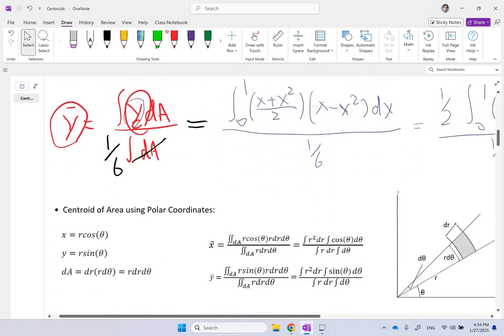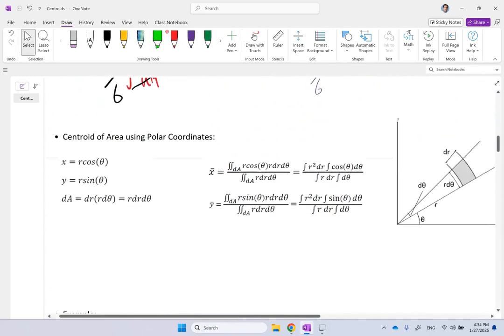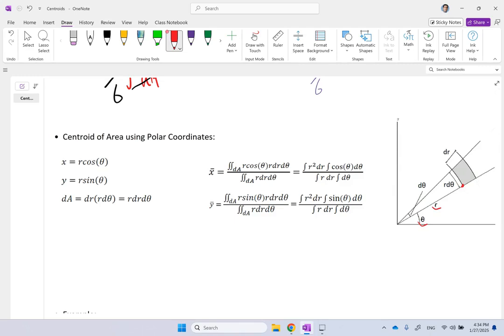In r theta coordinates, however, the coordinates are defined by r and theta. So we come to this point here, which is at angle theta and location r. And then in the r direction, we increase it by dr, and we change the angle theta to theta plus d theta.